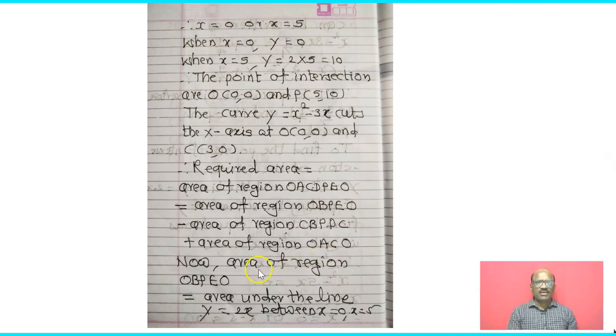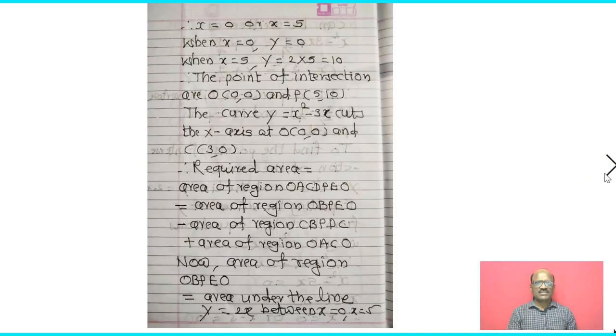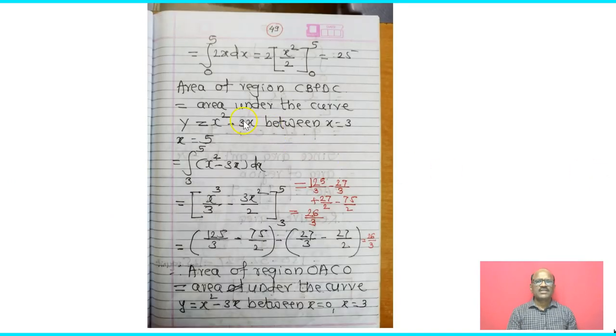Now the area of the region OBPEO. To find this area, it is the integral from 0 to 5 of y dx, which means the area below the line.